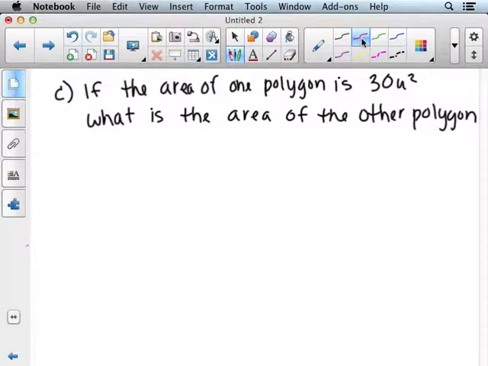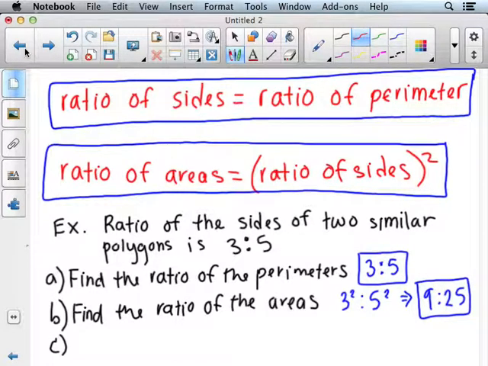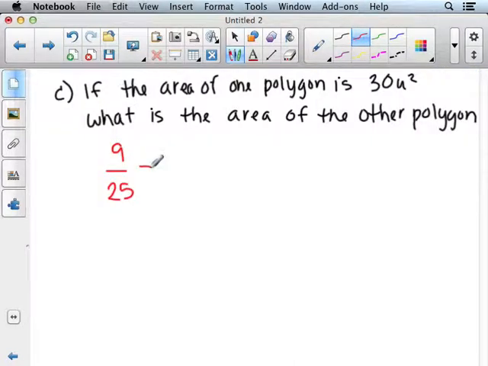So I know that, first of all, the ratio of the areas is 9 to 25. That we figured out from part B. So 9 over 25 must equal 30 over x. And this is assuming that this is the first polygon here. This is the one on top.